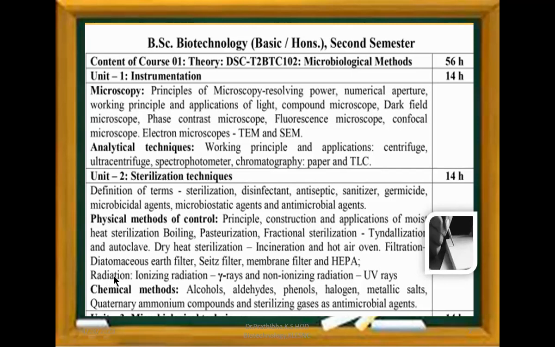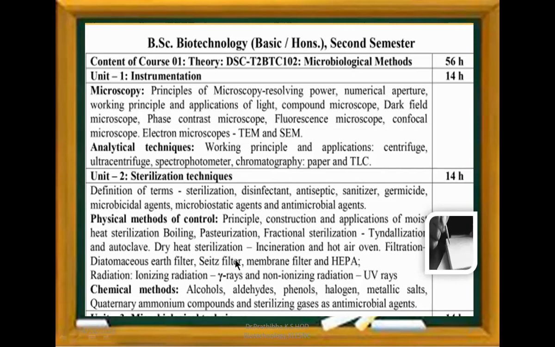Next, radiation methods: ionizing radiation, gamma rays, and non-ionizing radiation, UV rays. Okay. Next, you need to understand chemical methods like alcohols, aldehydes, phenols, halogens, metallic salts, quaternary ammonium compounds, and sterilizing gases as antimicrobial agents.